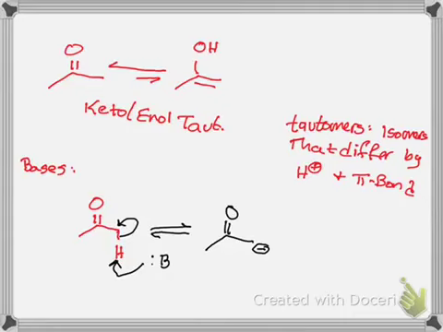Now this anion has a resonance form where this occurs. The anion forms a pi bond between the two carbons, and the carbonyl pi bond breaks, and the electrons take up residence on the oxygen and give you a negative charge.